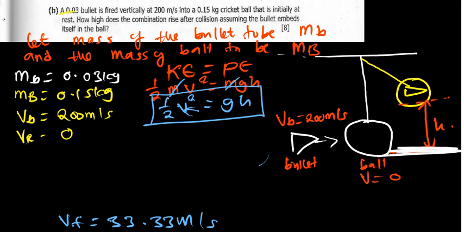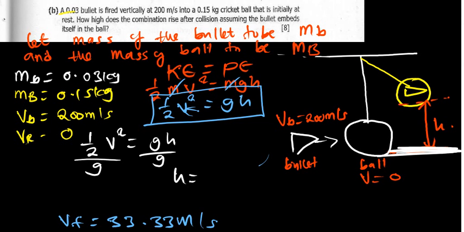Then I need to make h the subject of the formula. So I'll have half v squared equals g h. I can divide both sides by g. h will be equal to half v squared divided by g.